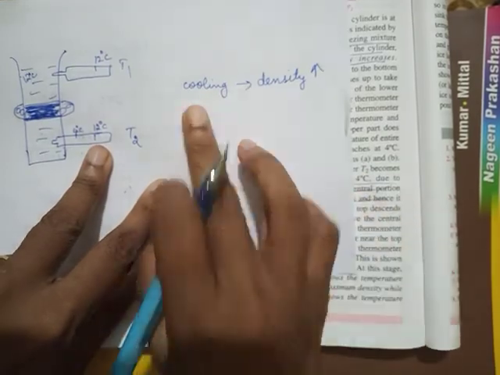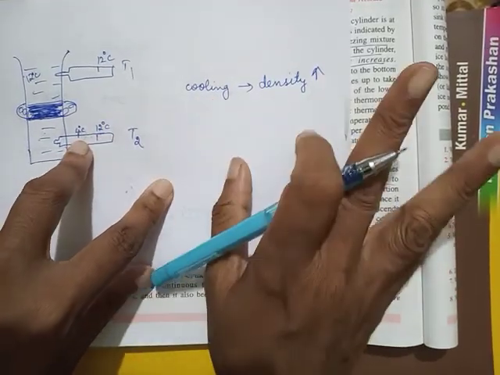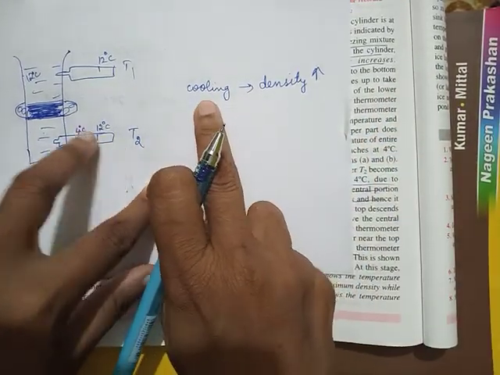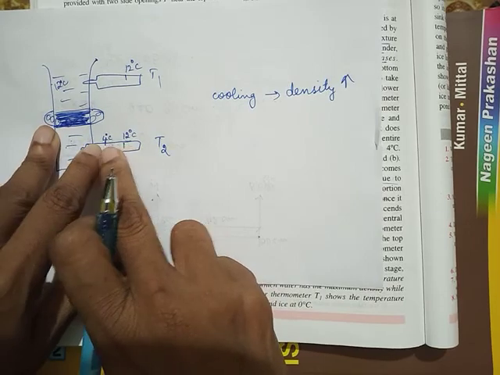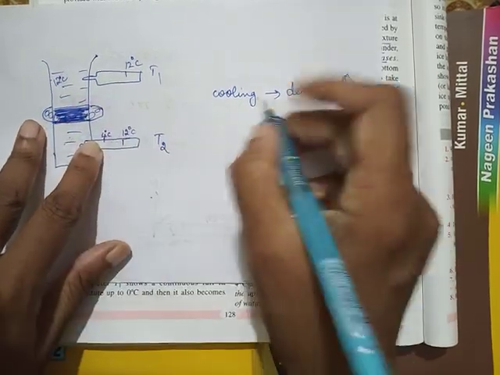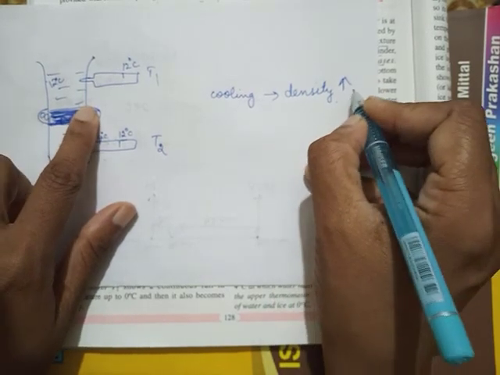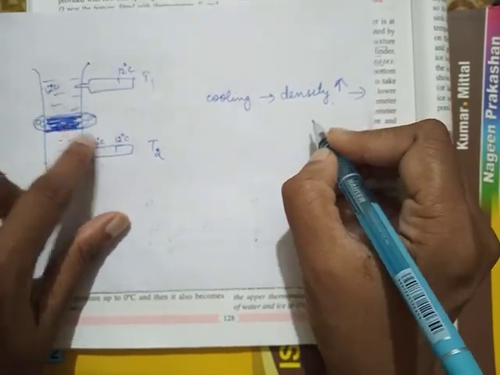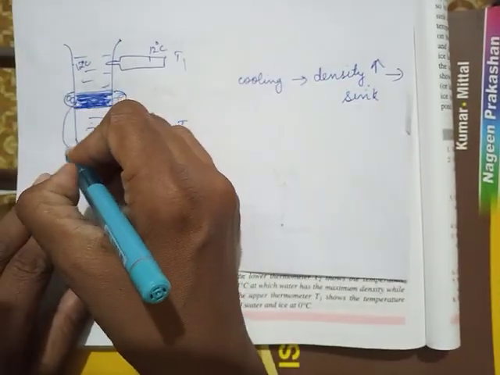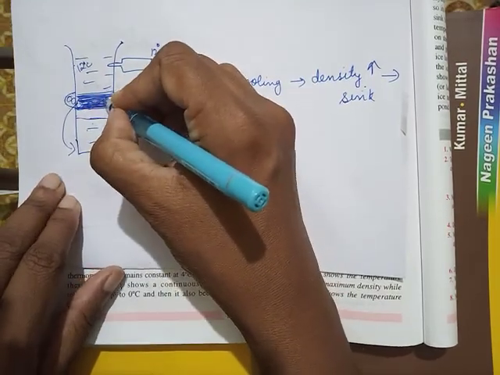Water till 4 behaves normally, only between 4 and 0 is it going to behave unusually. So from 12 till 4, as the water keeps getting cooled, its density will increase. When density increases, it becomes heavier, so this layer of water will sink down and the next layer of water will go up.